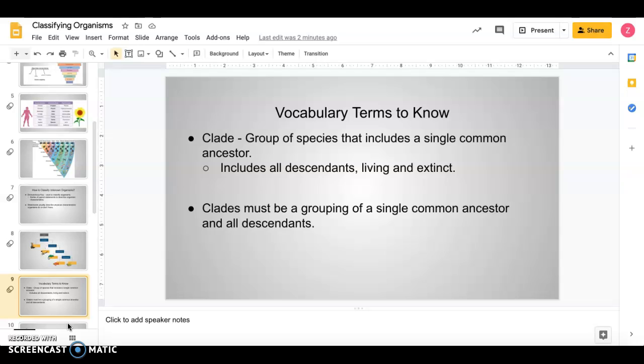The clade includes all descendants, all that come after the ancestor, living and extinct. Extinct, no longer around, no longer living on the planet. Clades must be a grouping of a single common ancestor and all descendants.